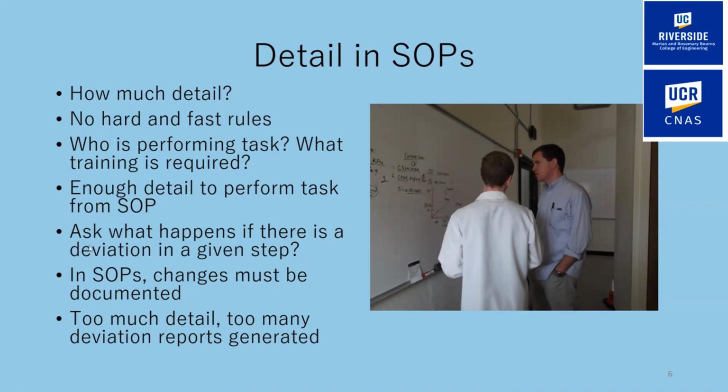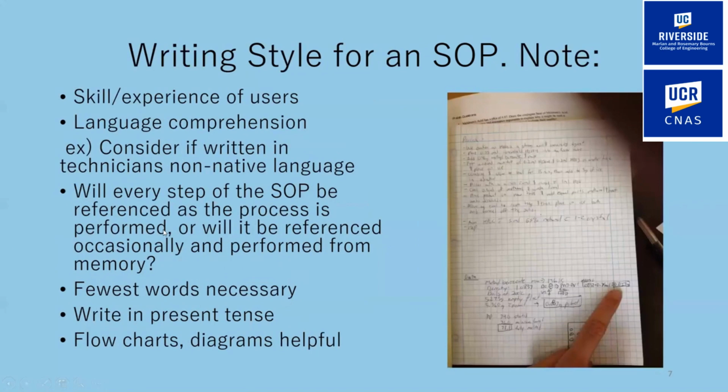Now, what kind of writing style should we use in an SOP? Well, again, the skill and experience of the users is important. You'll also want to consider language comprehension levels, specifically if you're working with staff who are working with an SOP that's in their non-native language. You'll want to be considerate of that fact and ensure that it's written in such a way so that they can understand it as well.